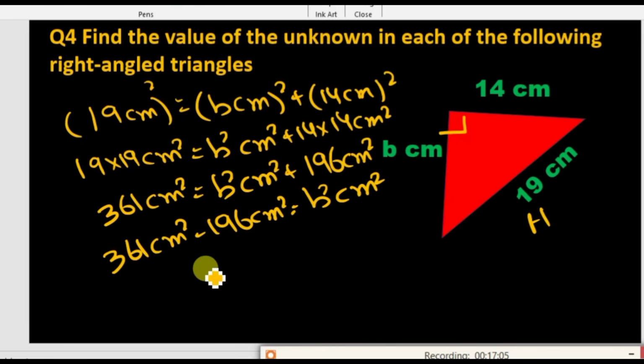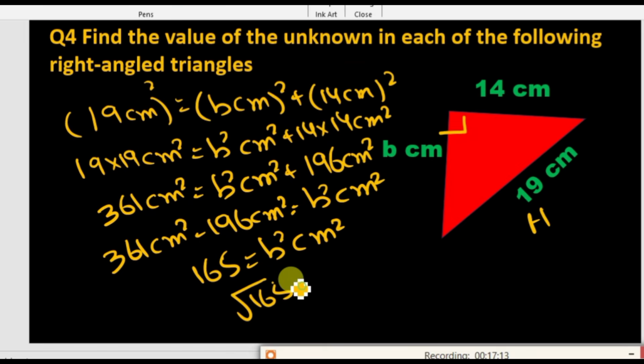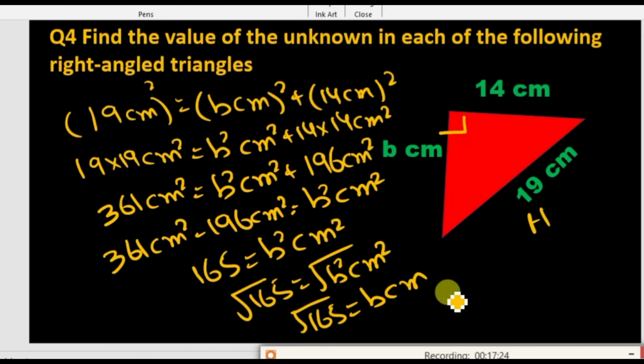The answer is 361 minus 196 is equal to 165. You can solve with me. Applying square root, the square root of 165 is equal to b centimeter. This is your final answer.